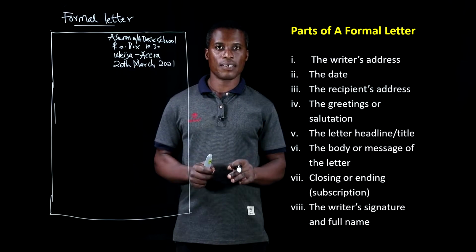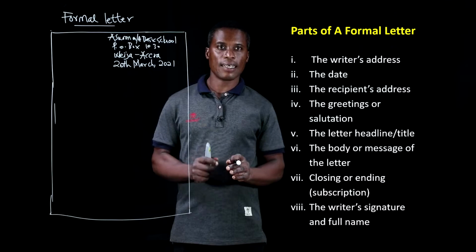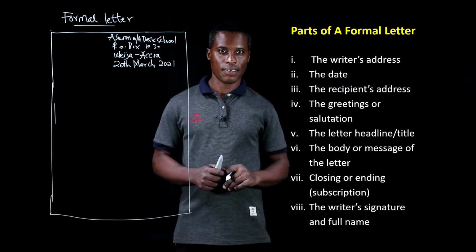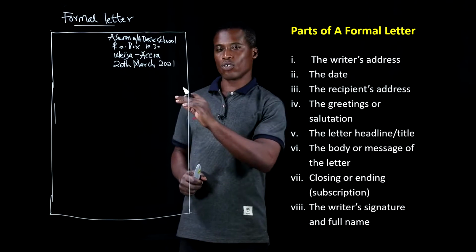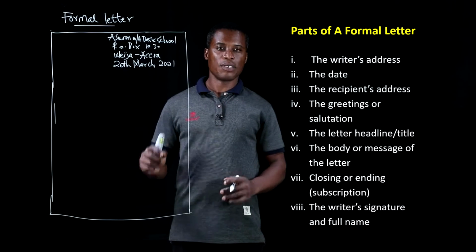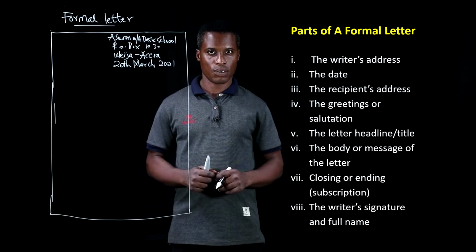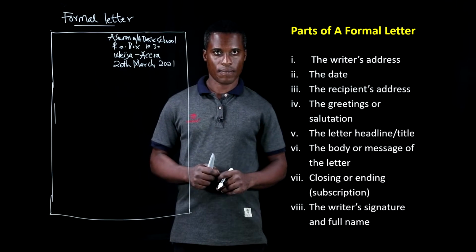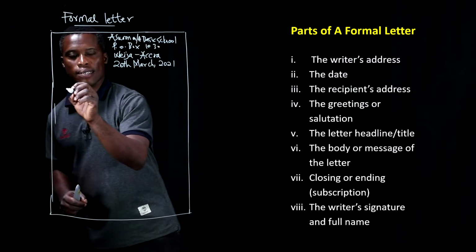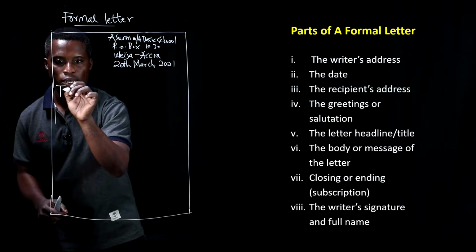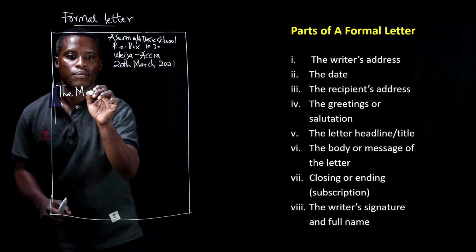The recipient address is written at the left-hand corner, below the sender's address. So I'm going to write the recipient address, the one who receives the message or the letter. I am writing a letter to the manager of a company.